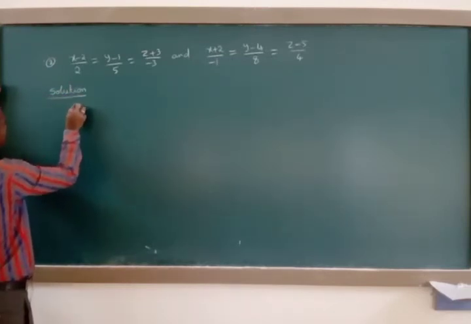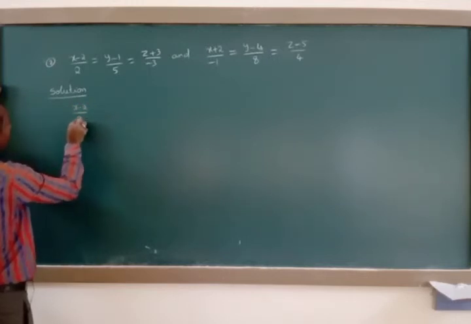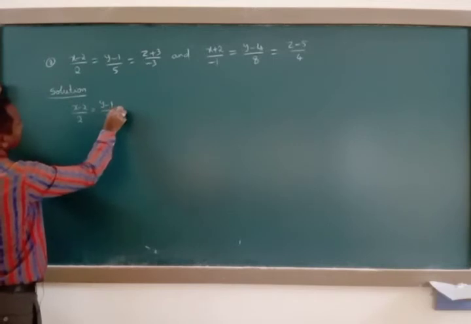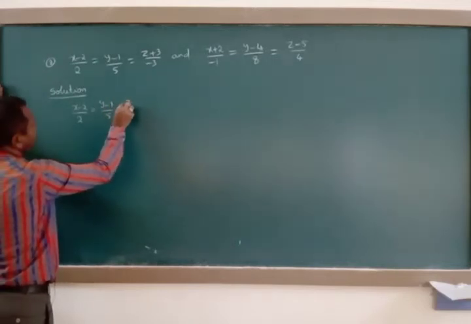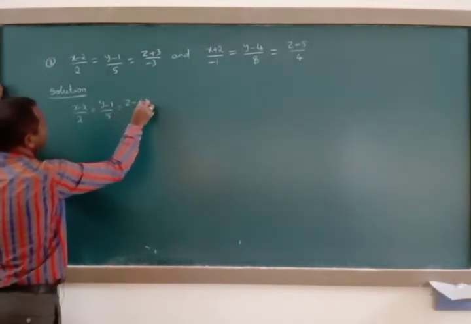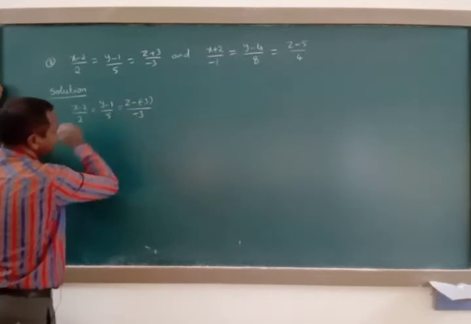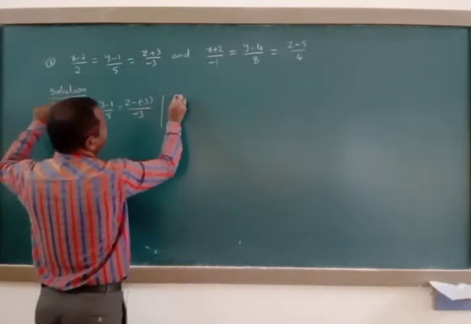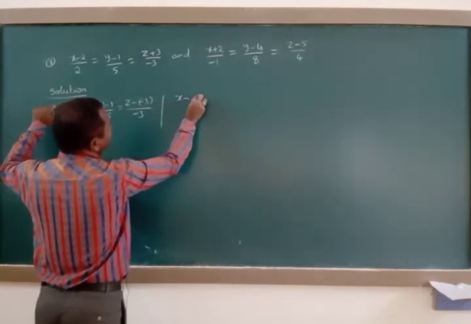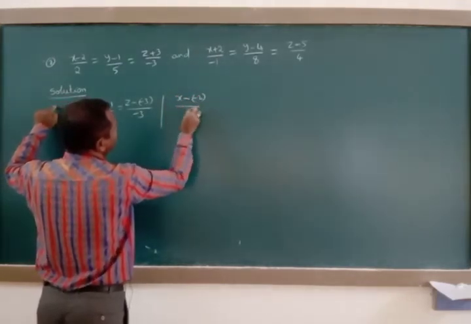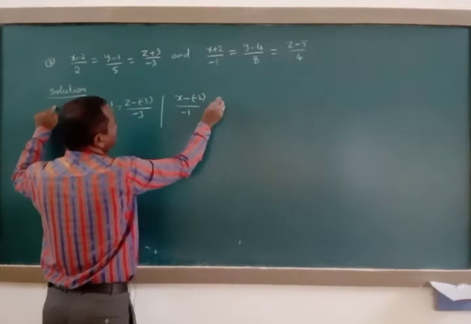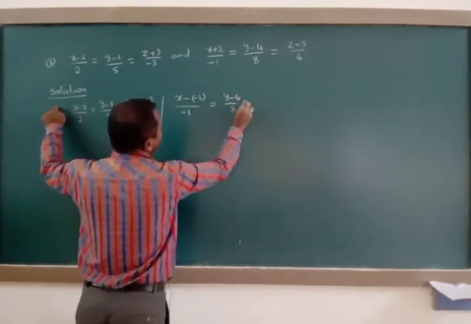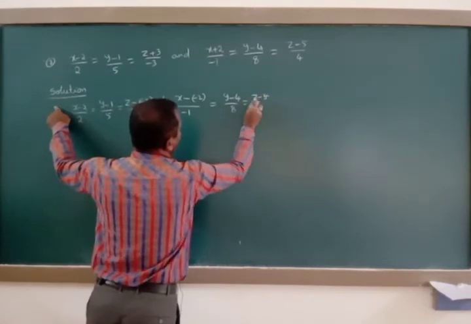The first line is (x minus 2) by 2, (y minus 1) by 5. But z plus 3 is there, it can be written as z minus of minus 3 whole divided by minus 3. Another line is x plus 2, which is x minus of minus 2, whole divided by minus 1; (y minus 4) divided by 8; (z minus 5) by 4.